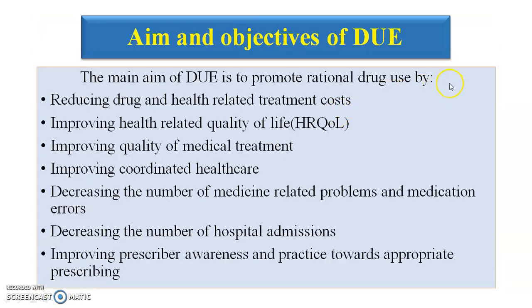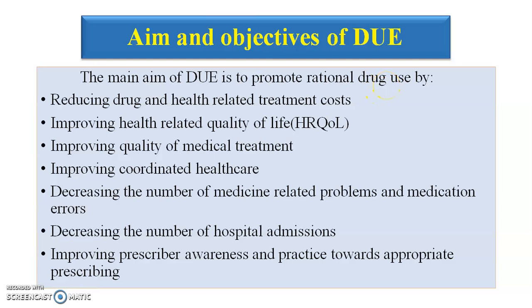If you want to do a DUE study, one must have aims and objectives of doing a DUE. The main aim of doing a DUE study is to promote rational drug use, so that patient quality of life should be improved.